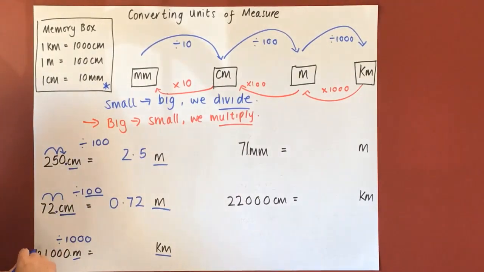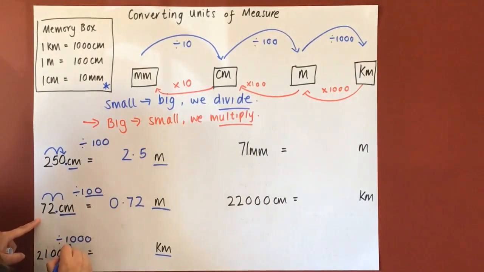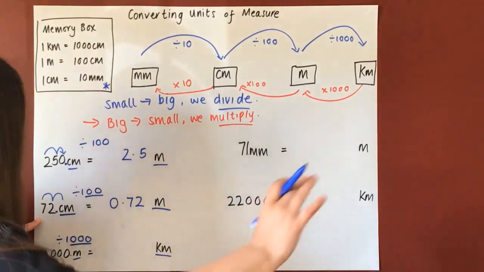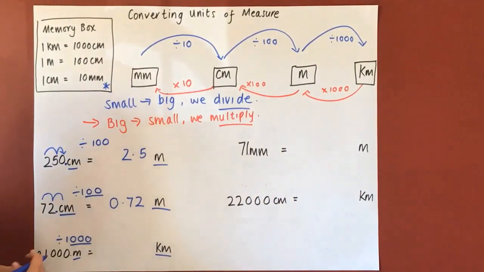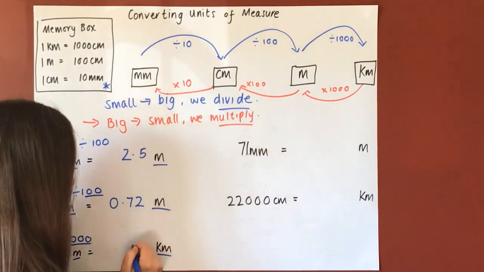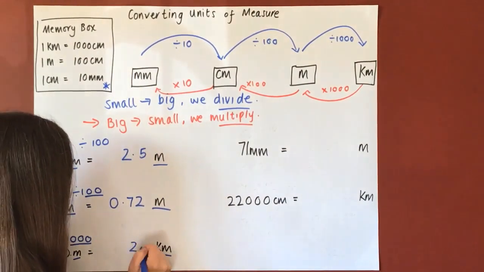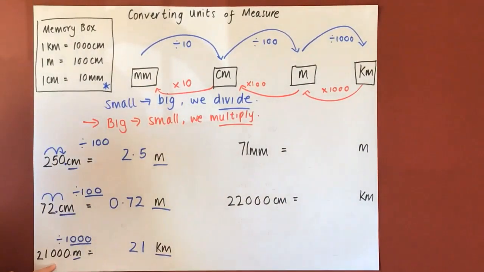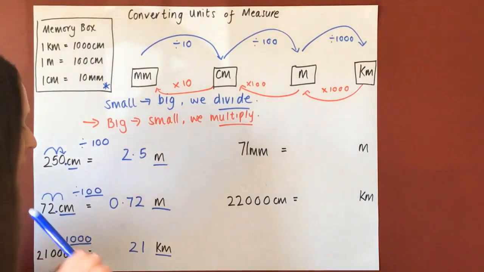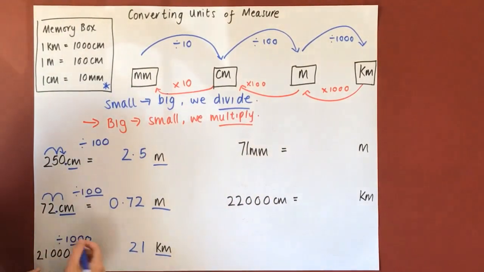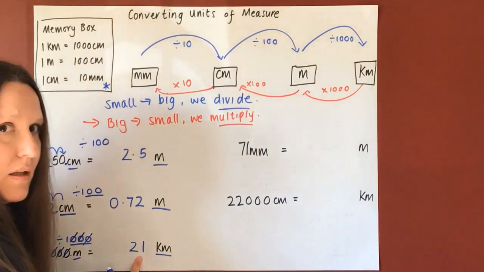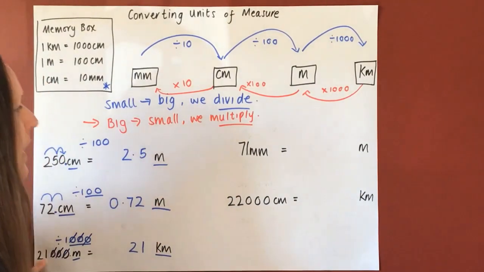The number at the beginning has to shift 3 times, slide to the right. So our 2 shifts over and 1 shifts over. So our answer then is 21 kilometres. Now a very cheeky tip here is what we could have done also is just cancel out the zeros, which would have left me 21, but that's very, very cheeky.